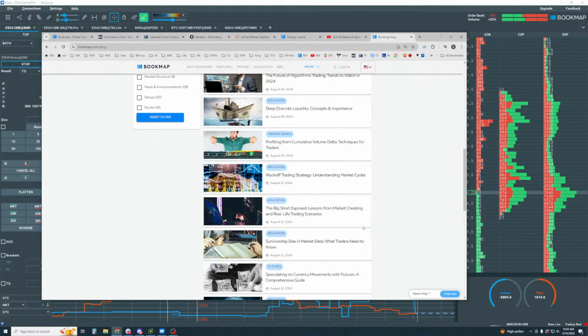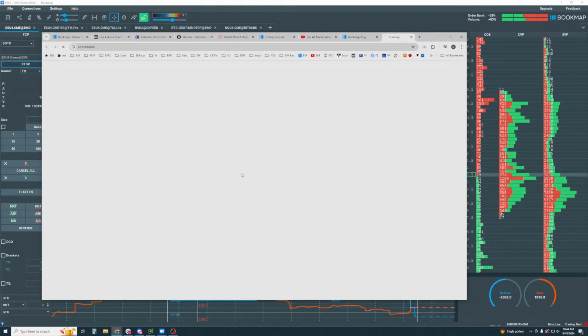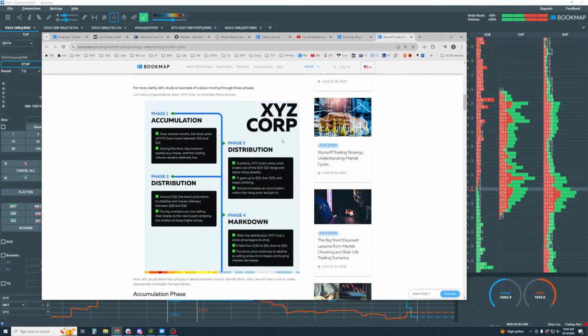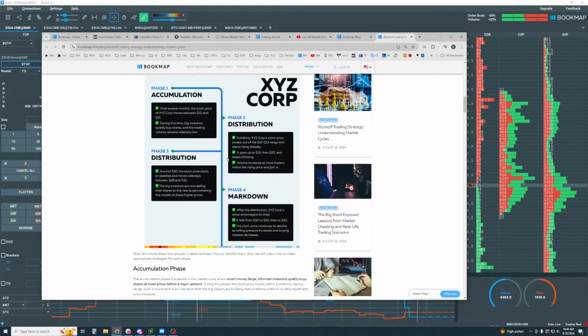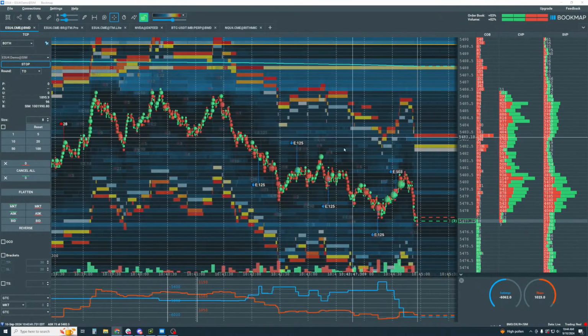Some really nice stuff. Here's our Wyckoff strategy. Here are the Big Short lessons from market cheating and real life trading scenarios, and this Wyckoff thing in here. So you can go through this and understand accumulation, distribution, markup, markdown, the 4 phases in Wyckoff. Right, trying to keep it simple here.